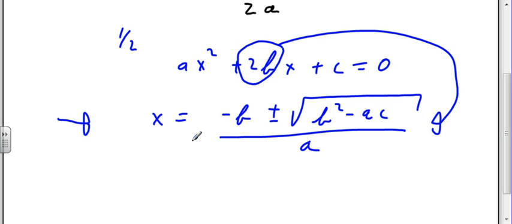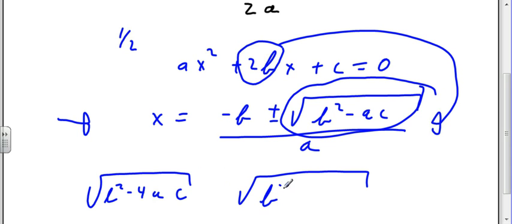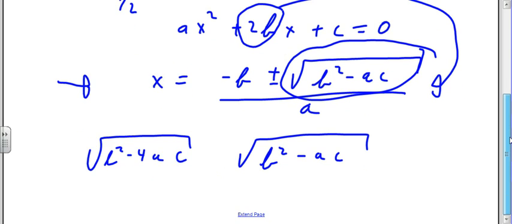Okay, so there are two of them, and one of them's an easy one to use, and one of them isn't. All right. Well, that's what's on page 267, the quadratic formula. As long as we call this guy right here, the square root of b squared minus 4ac, or the square root of b squared minus ac, depending on which formula it is, we call that the discriminant.